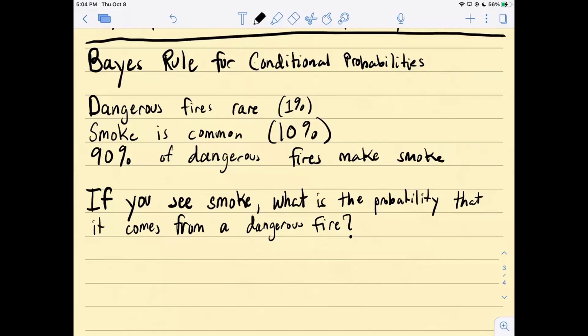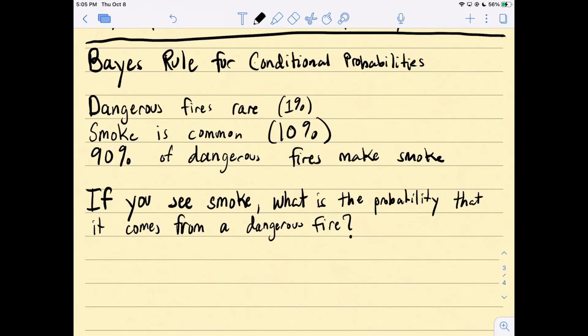Quite a few students were a little bit stuck. So we have the case of dangerous fires, right? We have a Venn diagram, but instead of 2 normal sized blobs, one of the blobs is really, really small, like a 1% chance. And the other blob is a 10% chance.